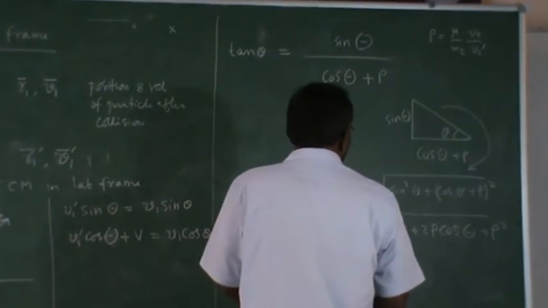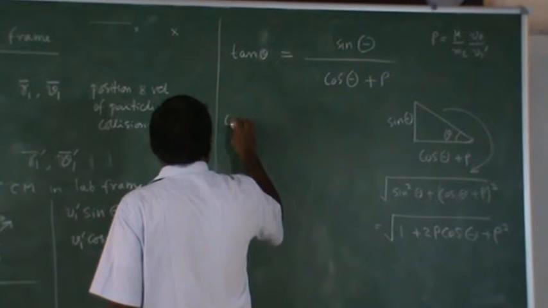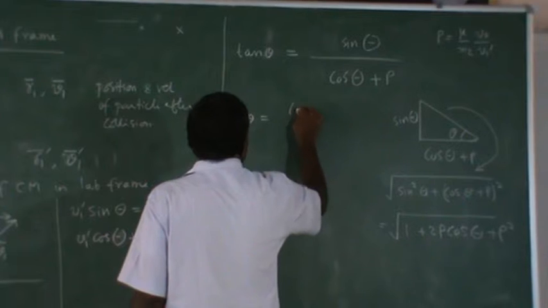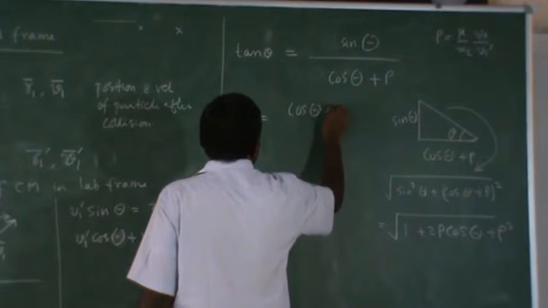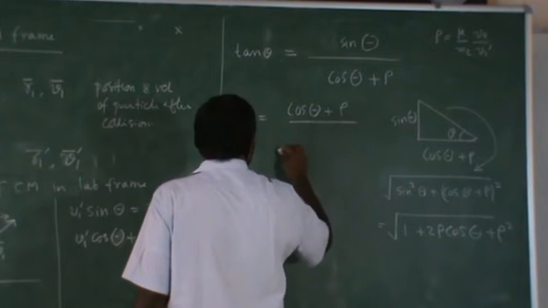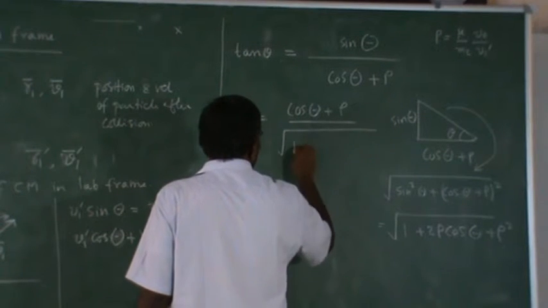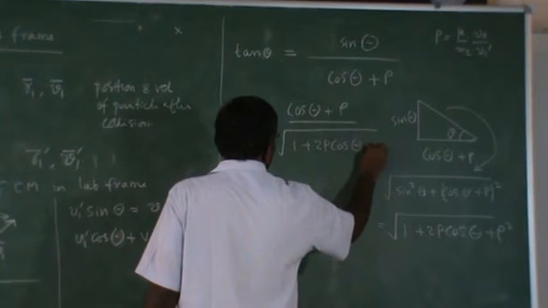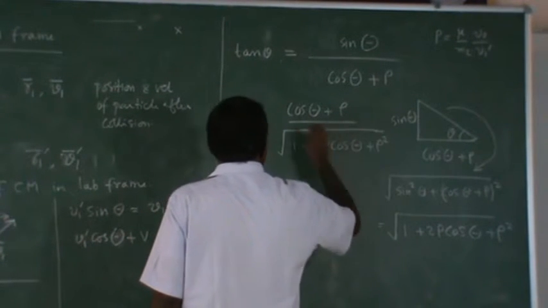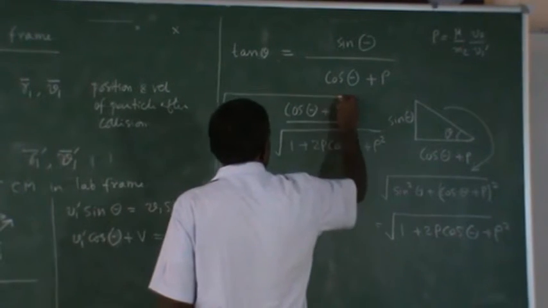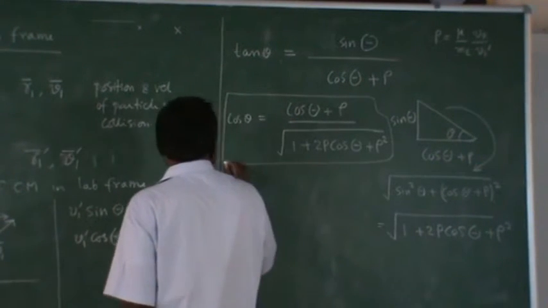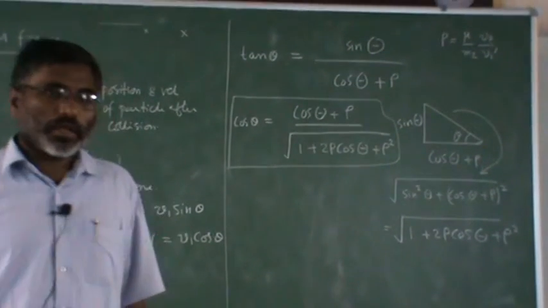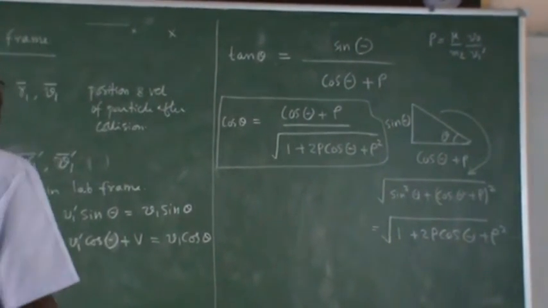So from here I can write down cos theta is equal to cos theta plus rho divided by the square root of 1 plus 2 rho cos theta plus rho square.